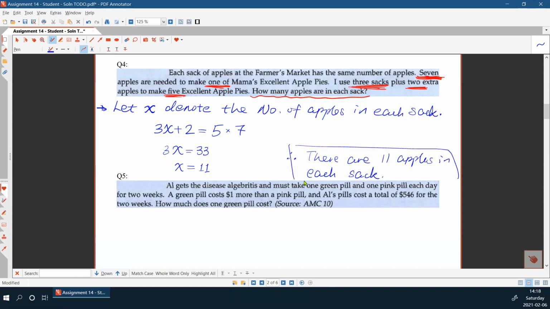Sometimes you don't have to write the conclusion, but my suggestion is to write everything in this solution. Okay, you can ignore this, but I strongly suggest you keep the first sentence in your solution. Otherwise, nobody knows what your X is here. Okay?